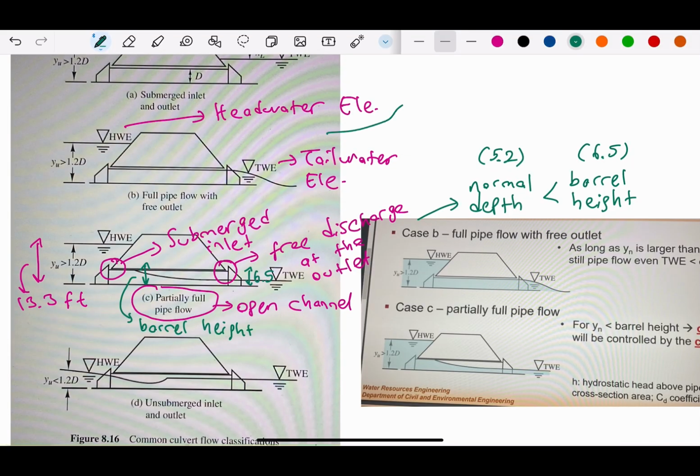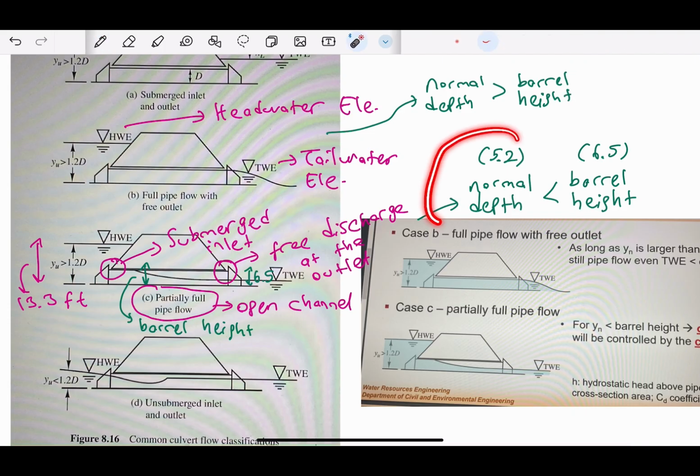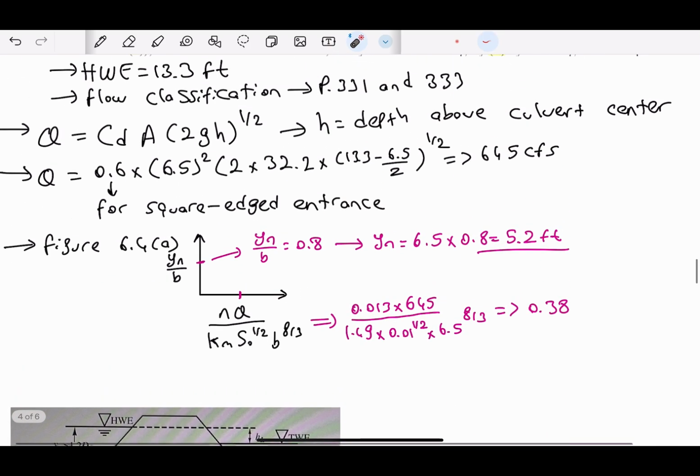But for case B, this time we will have the opposite. So normal depth will be higher than barrel height. So we already verified that the normal depth is lower than barrel height, which means the flow classification is C, and the flow rate is 645.